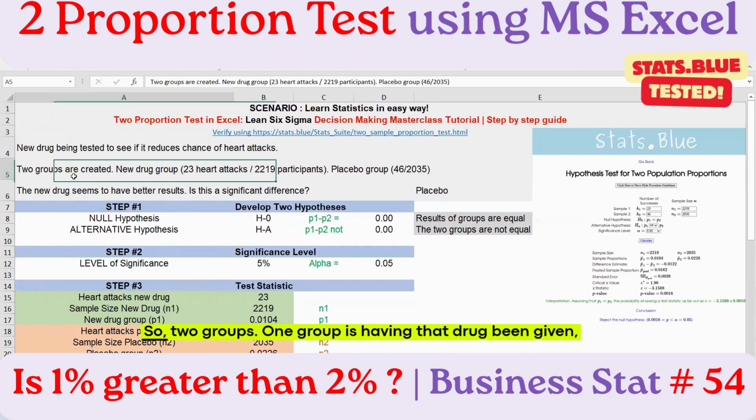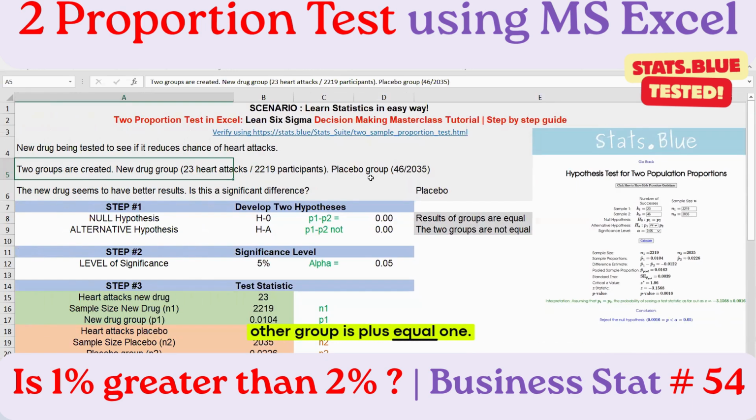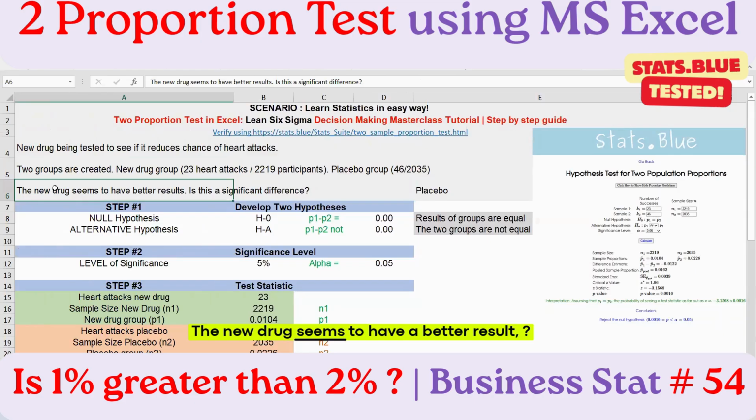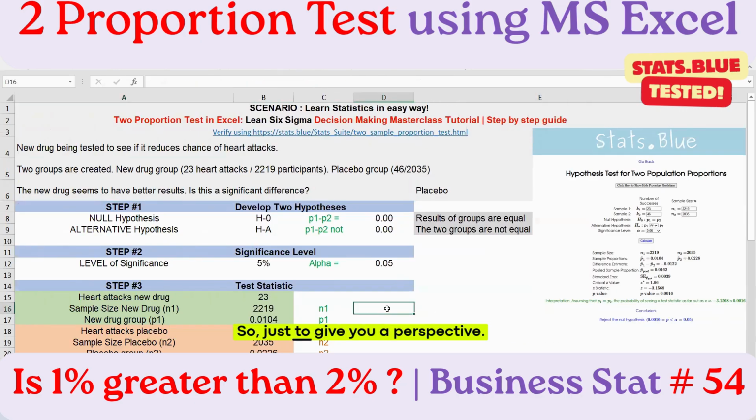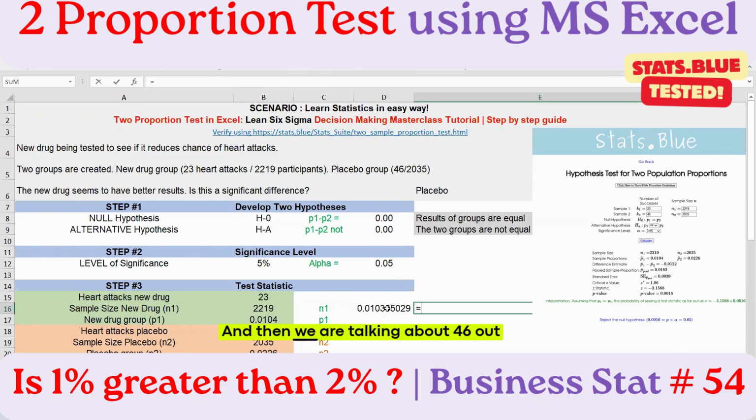So this is the group. Two groups: one group is having the drug given, another group is the placebo one. The new drug, this is a claim, right? The new drug seems to have a better result. So when you say better result, what are we talking about? Just to give you a perspective, 23 divided by 2219 is one, and then we are talking about 46 out of 2035.